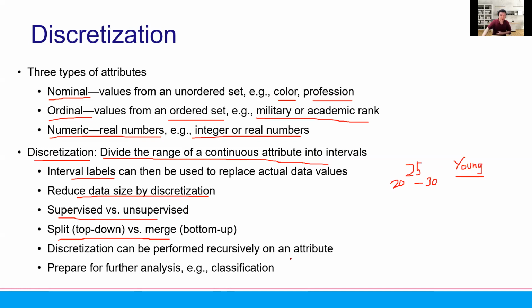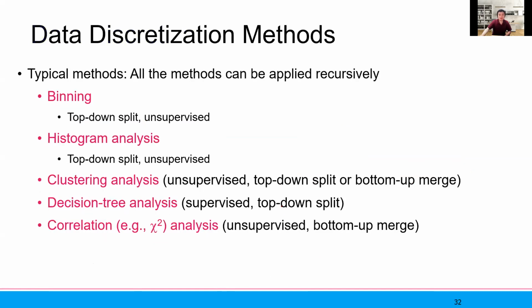Discretization can be performed recursively on an attribute. So we can also try to do it recursively according to the values, and we can find the best way to discretize. And there can be other ways like classification. The methods to deal with data discretization are mostly related to those, but they can be extended to other methods.